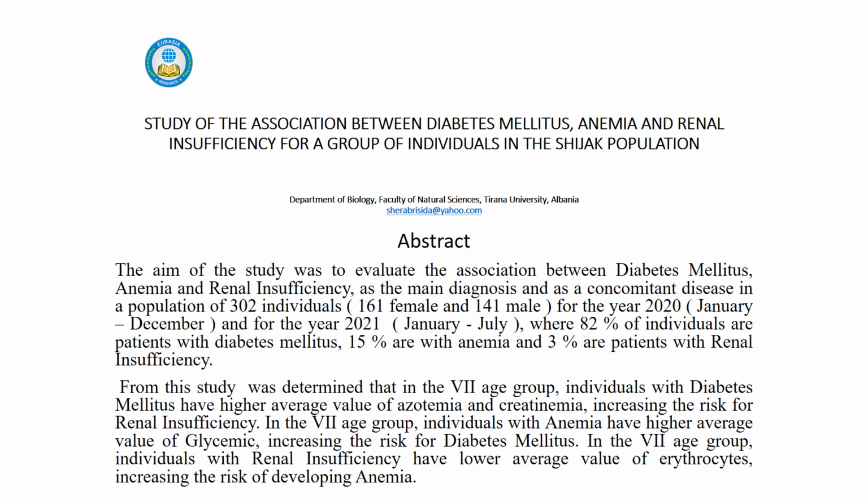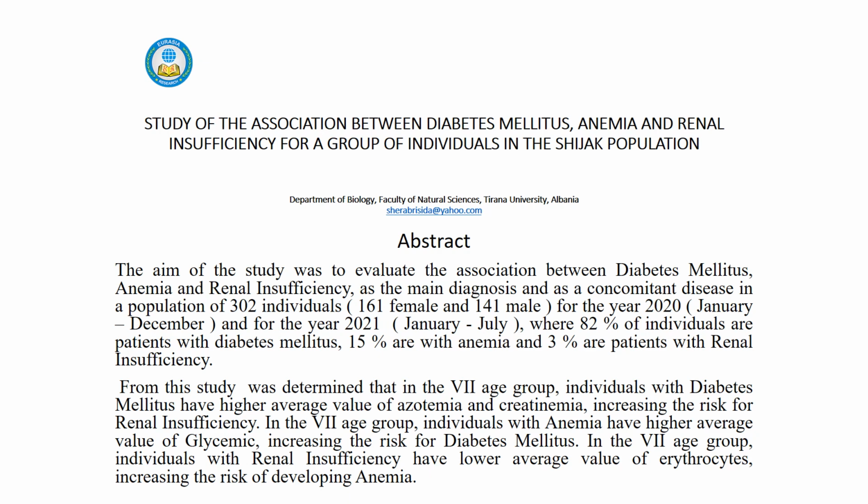The aim of the study was to evaluate the association between diabetes mellitus, anemia, and renal insufficiency as the main diagnosis and as a concomitant disease in a population of 302 individuals for the year 2020 and 2021, where 82% of individuals are patients with diabetes mellitus, 50% are with anemia and 3% are patients with renal insufficiency.